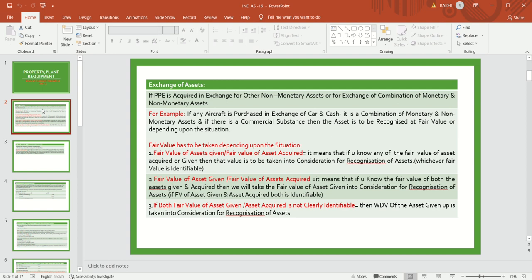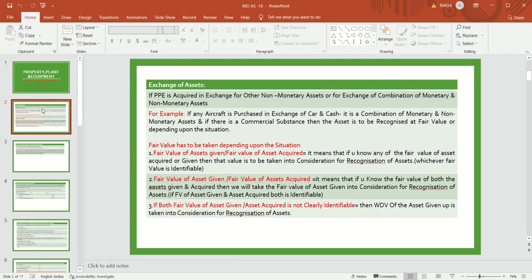If both values are not given, or the fair value of the asset given and the fair value of the asset acquired are not clearly identifiable, then what will you do? Then you will take the WDV of the asset given. Meaning the WDV of the asset which you are giving is to be considered for the recognition of the asset.